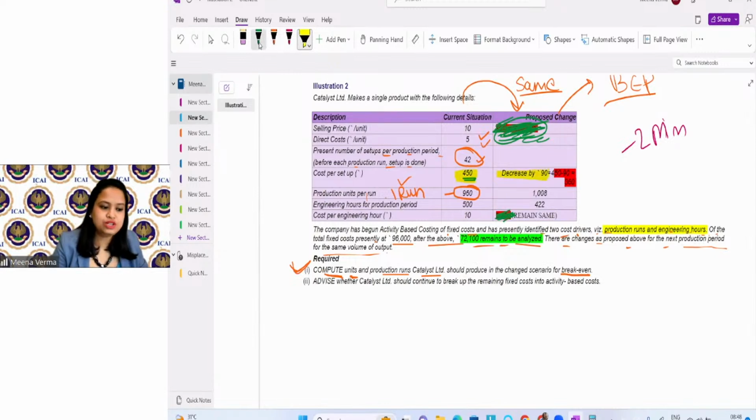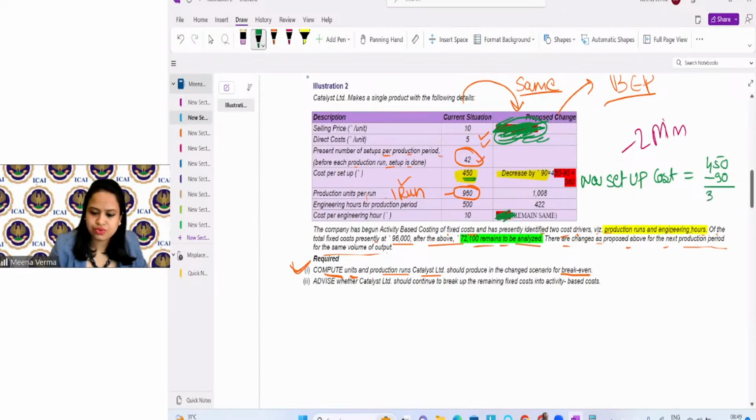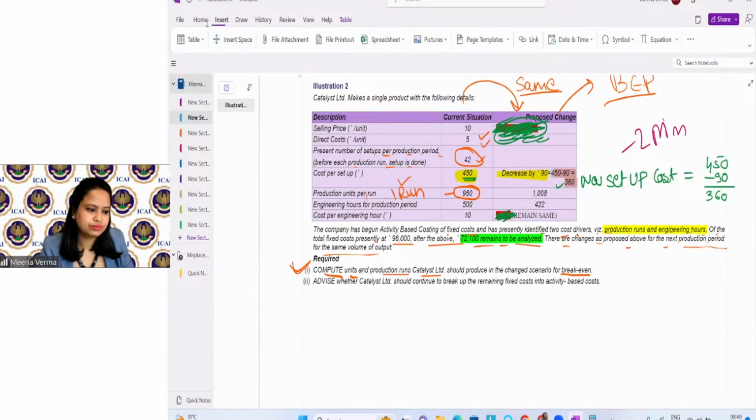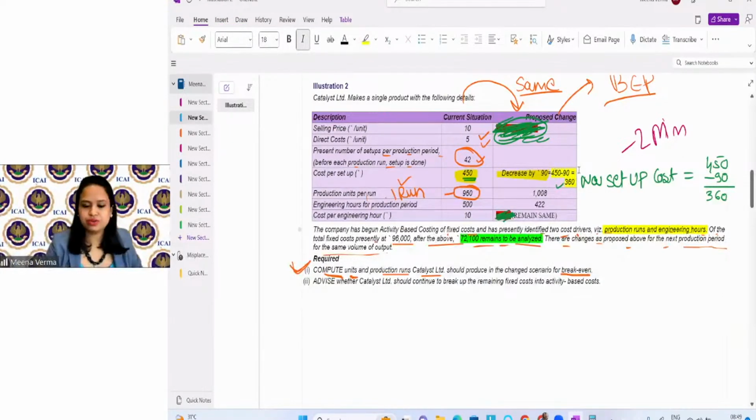So that means the new setup cost will be 450 minus 90, right? So 360 will be the new setup cost.